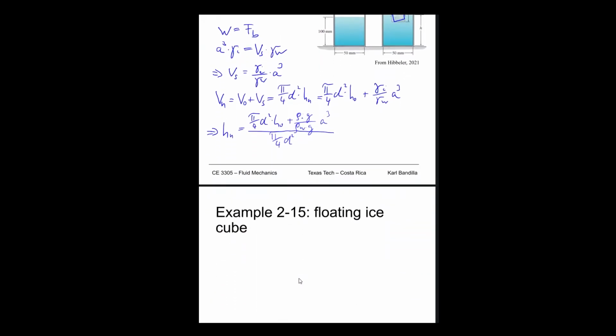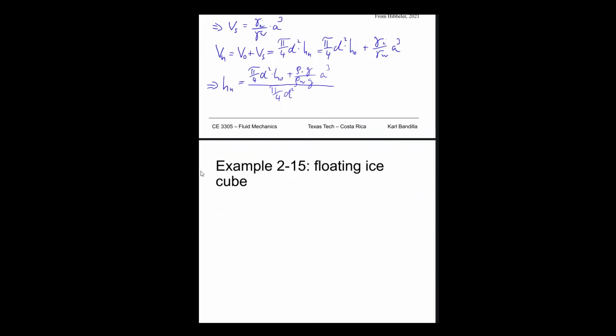All right, so we can cancel out those g's and rewrite this a little bit. We have pi over 4 d squared in both these terms, so Hn is H0 plus, and then g's cancel, rho ice over rho water times A to the third and divided by pi over 4 d squared.